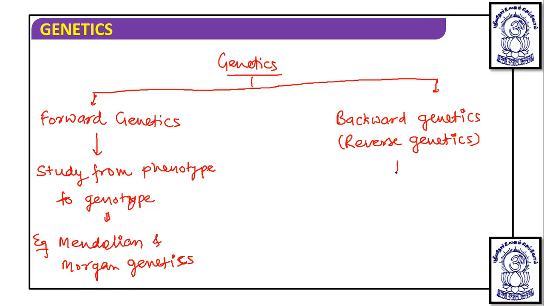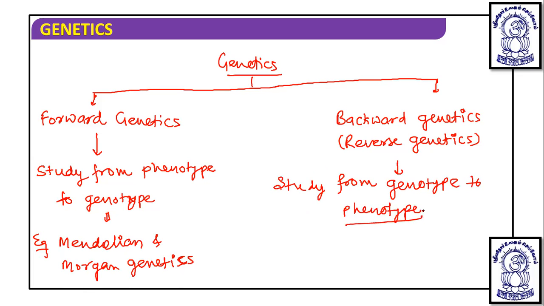But backward genetics, if we talk, it is a study from genotype to phenotype. Means first we identify the gene, we locate it, then we talk about its morphological function or the trait for which it is coding.